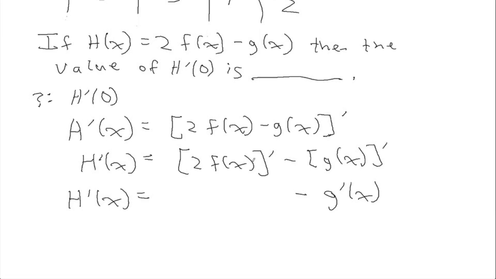Well, here we use a rule that you and I haven't talked about very much. We use what's called the constant rule. I think it's called the constant rule. I don't know if it really has a name, but we can do this.